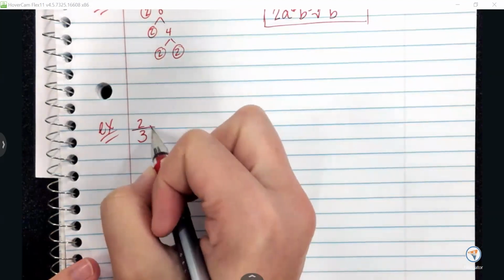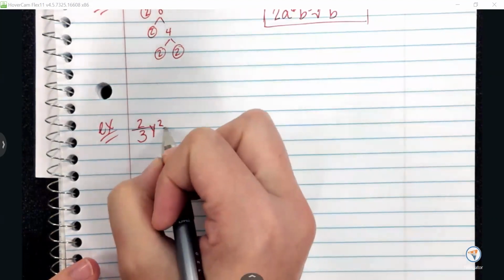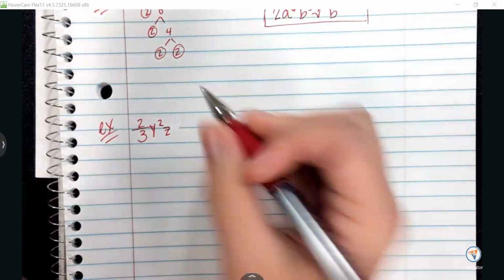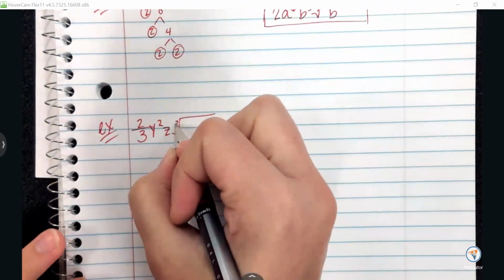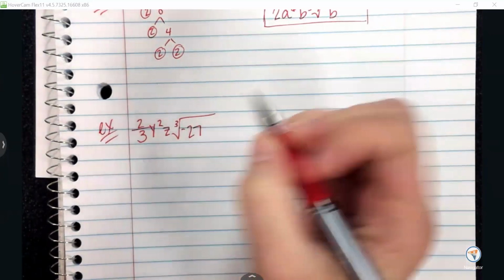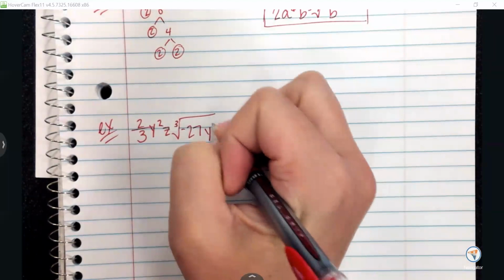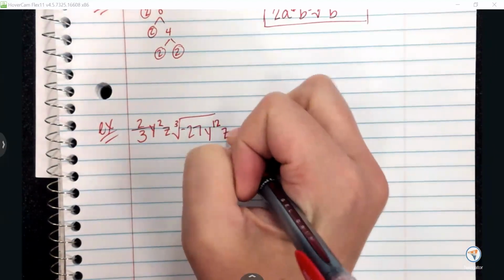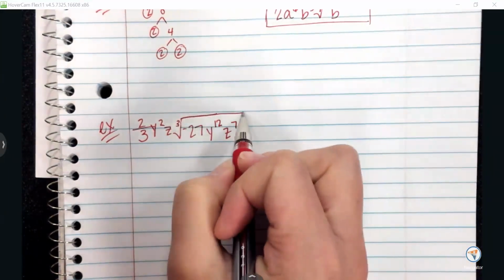2/3 y squared z cubed. And then, oh, see, look, this is what's confusing. It's not z cubed. It's the cube root of -27 y to the 12th, z to the 7th.